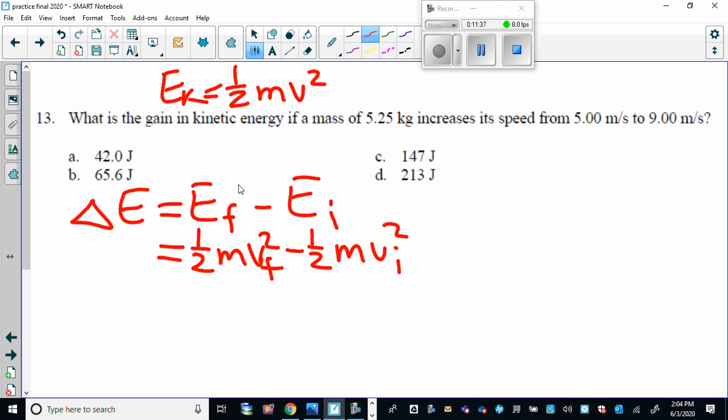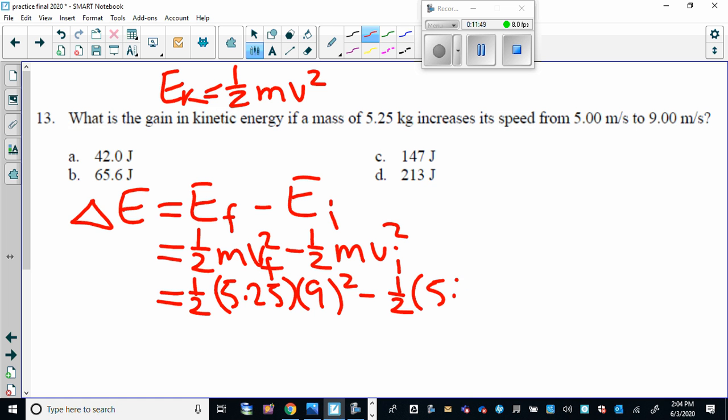If you want, you can factor out the half and the m, but that's totally up to you. Don't forget to square. And that's going to give you an answer of 147, so C.